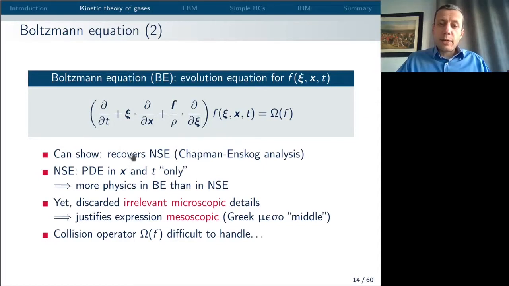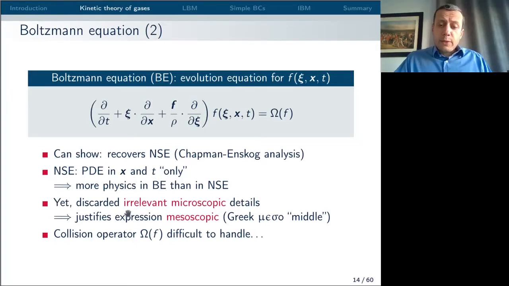Just remember that the Boltzmann equation is an equation that can, in some limits, reproduce the Navier-Stokes equation. The Navier-Stokes equation is simpler than the Boltzmann equation because it has only space and time as variables, while the Boltzmann equation also has microscopic velocity as a variable. But as I told you before, if you take velocity moments, you integrate out all the velocity dependencies.